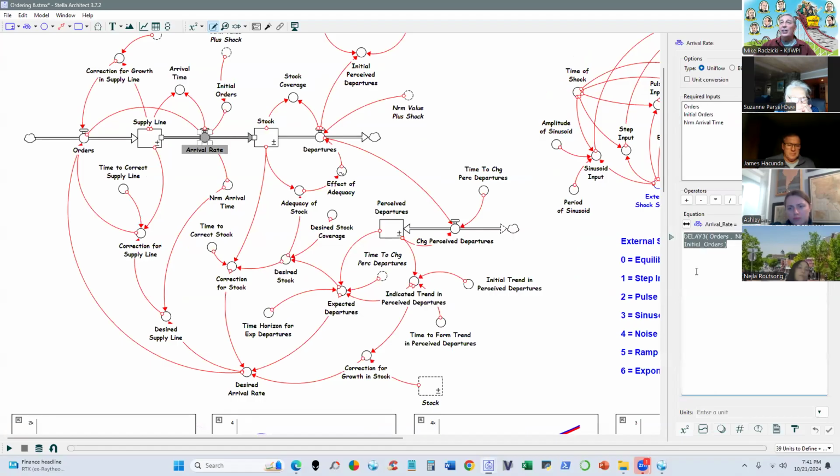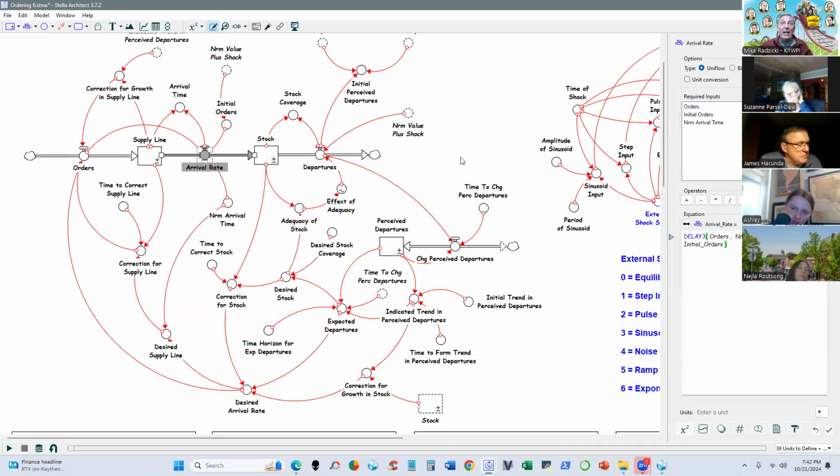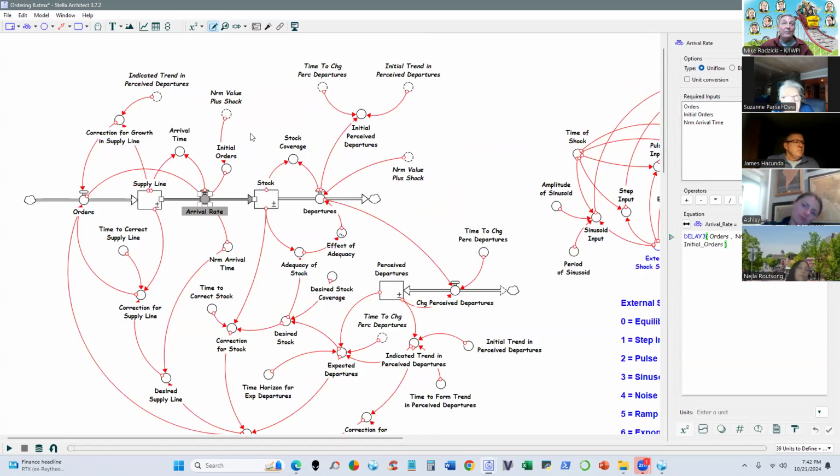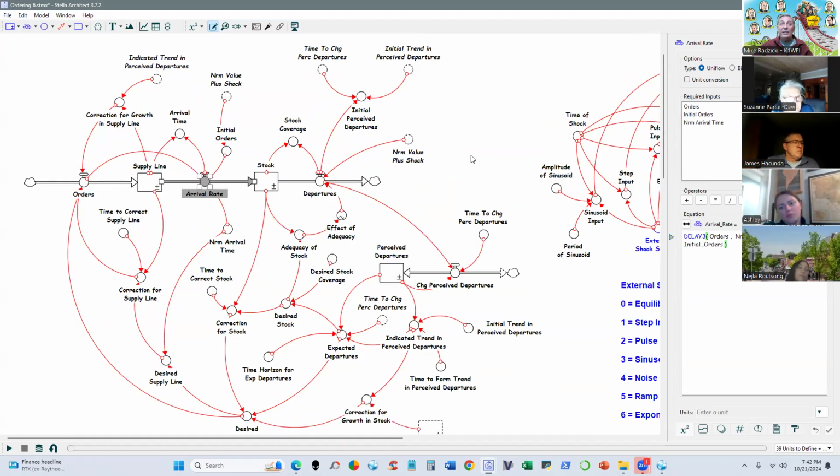In here, I use the function for the third order delay. So you can only use this if you're allocating a third, a third, a third. I'm compacting everything so it fits on one page in this example, ordering function 6, but I didn't do the arrival time yet in number 6.